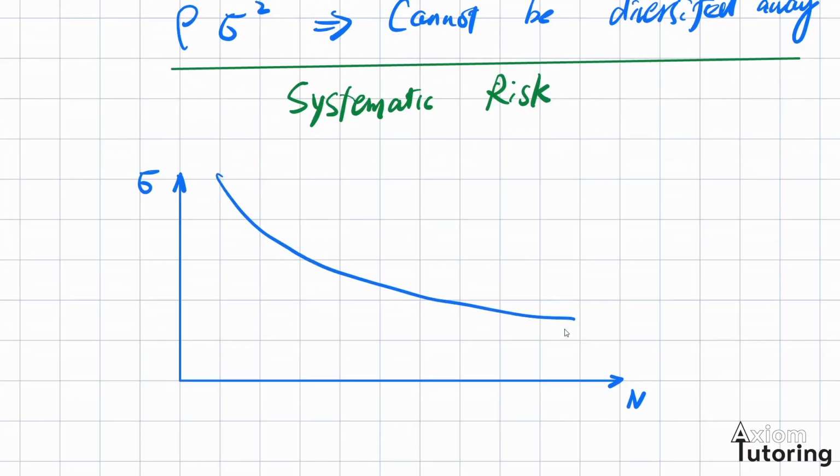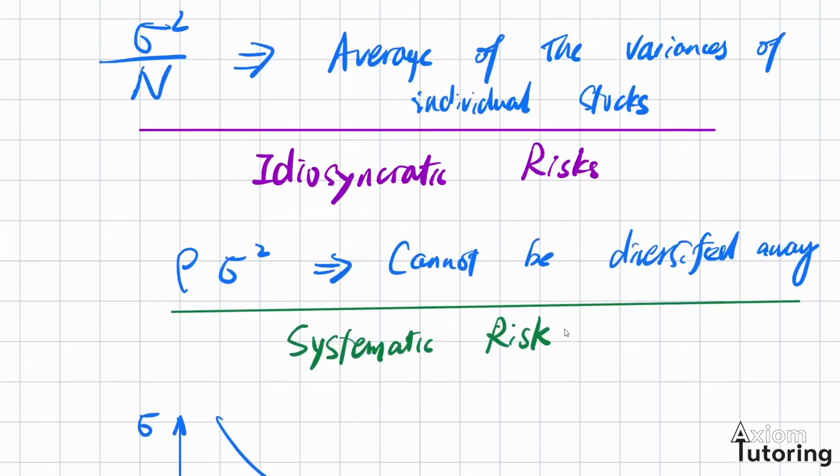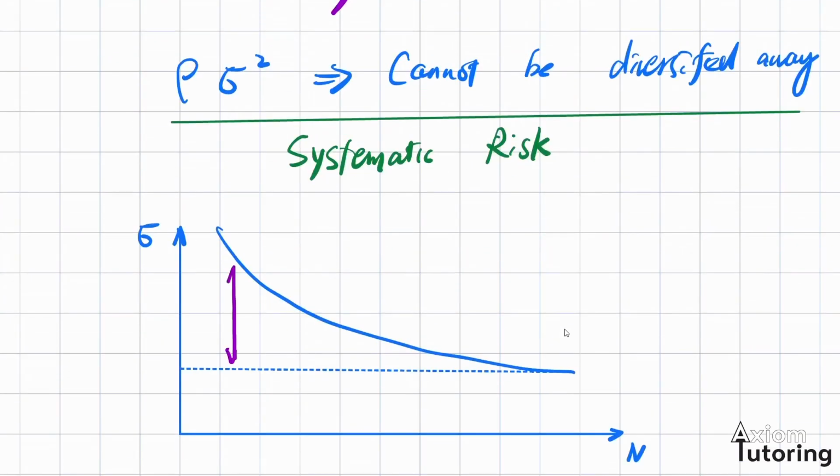It's going to decrease, but then it doesn't go to 0. So there will be a lower limit to the effect of diversification. The part you can diversify away is called the idiosyncratic risk, and the part you cannot diversify away is called the systematic risk.